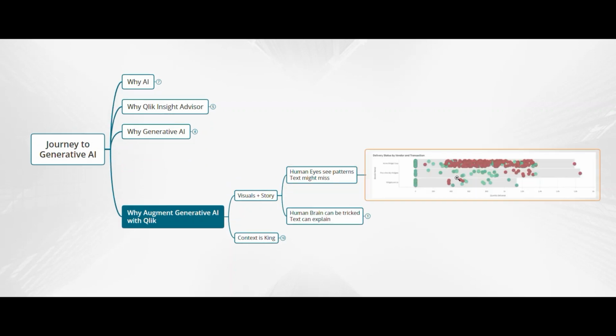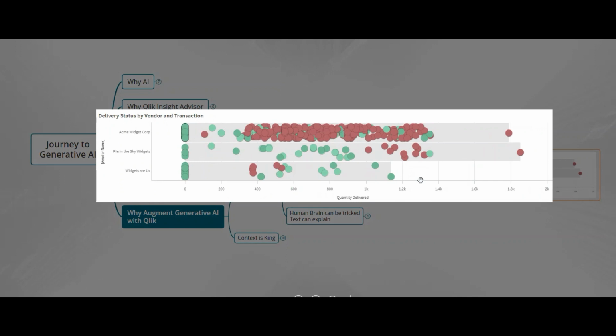One use case that I found recently was this, when I was analyzing data from transactions, shipments from vendors. The red dots are shipments that were shipped late. The green dots are shipments that were on time. The darker green is shipments that were early. Now, when I look at that, I can see a lot of red dots, I can see a lot of green dots.